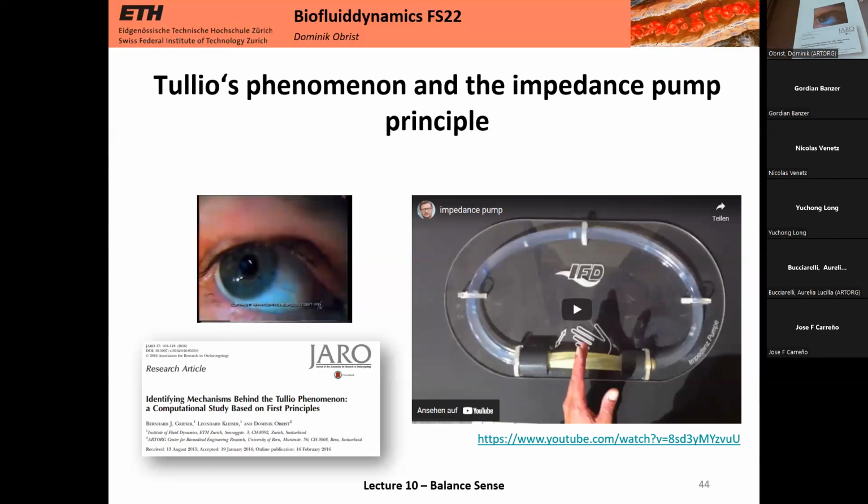So obviously this person has a symptom called Tullio's phenomenon or Tullio's symptom. This is a sensory crosstalk between the hearing and the balance sense, right? Remember in the beginning, I told you that it's kind of interesting that the hearing and the balance sense are in the same organ, right?